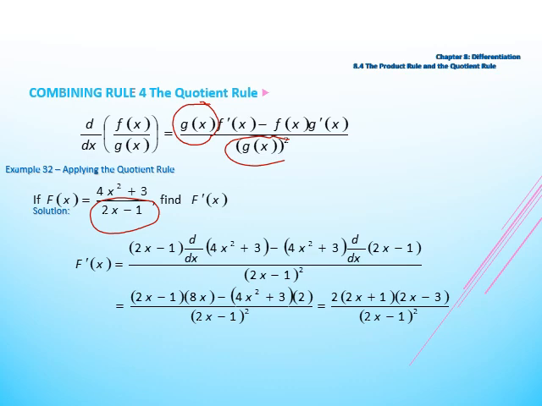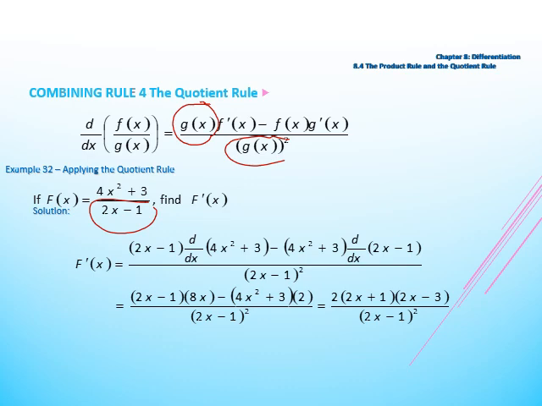Let's apply this rule more simply by using an example. If you have f of x equal to (4x squared plus 3) over (2x minus 1), let's get the value of f dash of x. Remember, the key to remembering this rule is that we begin with the denominator without any differentiation.